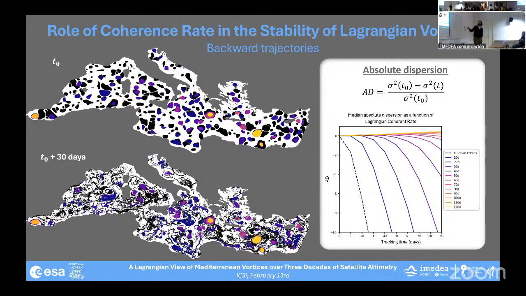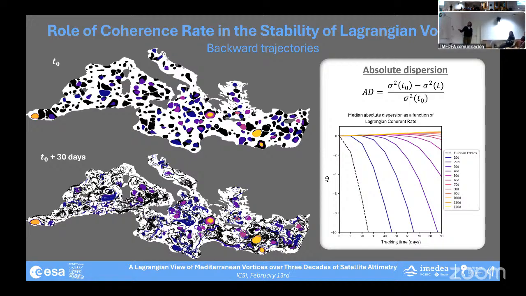We have computed the median, and we obtain this plot where you can see the particles started at the Eulerian vortices in black dashed lines, and in colors, the rest of the particles initialized in the Lagrangian vortices, the color depending on the different Lagrangian coherent rate.